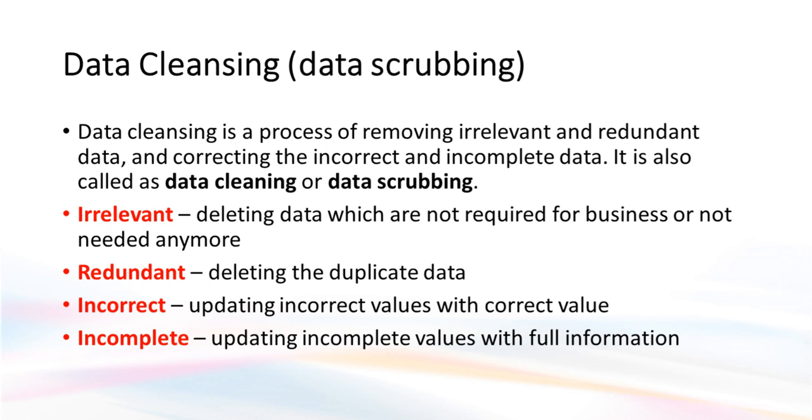Data cleansing is the process of removing irrelevant and redundant data and correcting incorrect and incomplete data. This process includes two things. One is removing irrelevant and redundant data. The other is that if data is incorrect, we need to correct it. How is that possible?